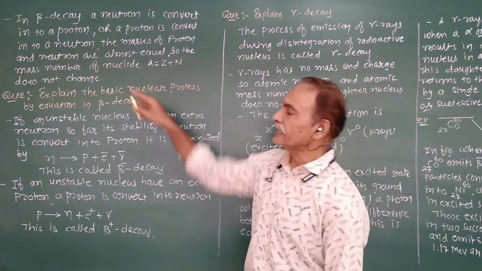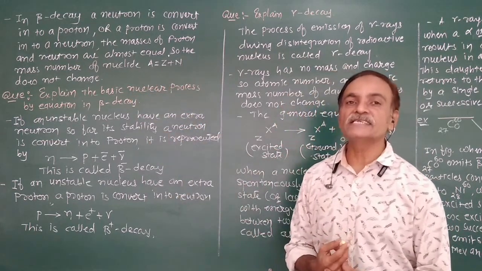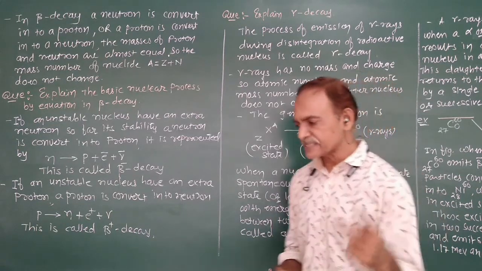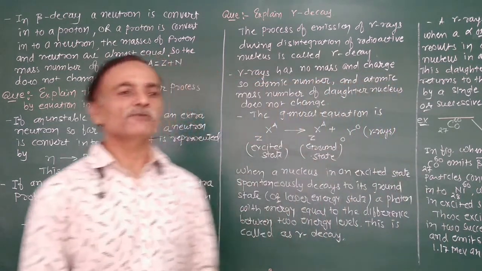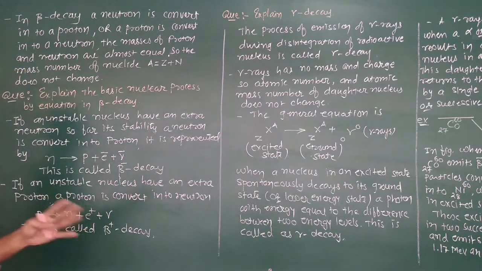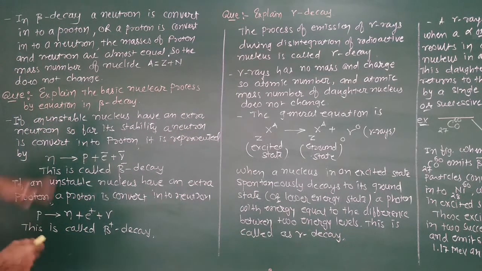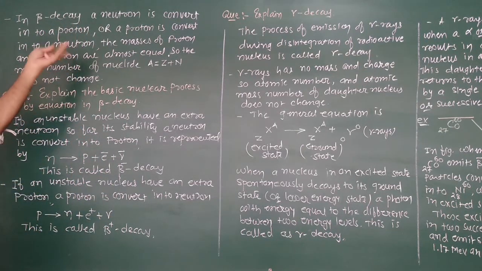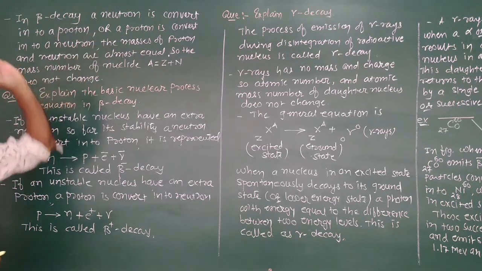Therefore, the mass number of the nucleus, A equal to Z plus N, does not change. Our question is, during the beta decay process, why does the mass number not change? So the result is that in beta decay, either a neutron is converted into a proton or a proton is converted into a neutron.